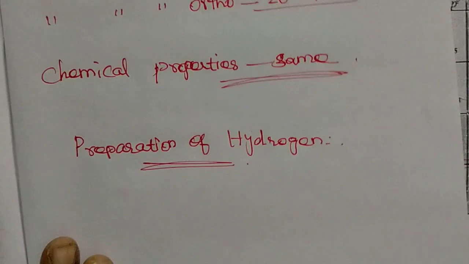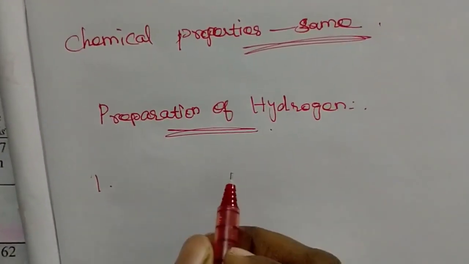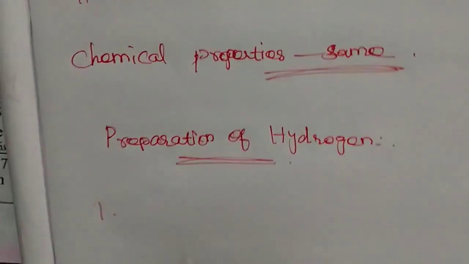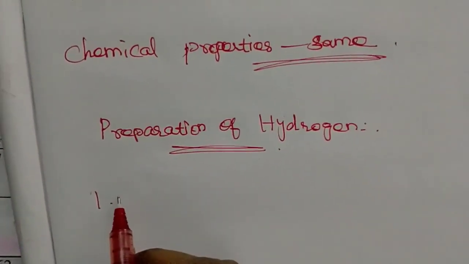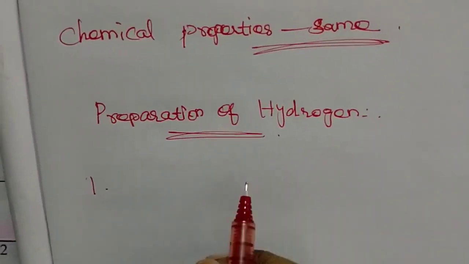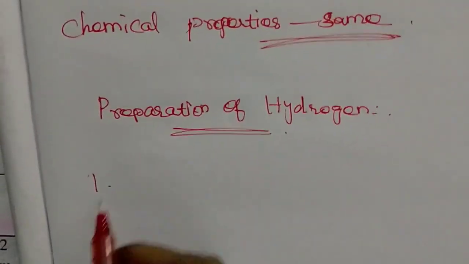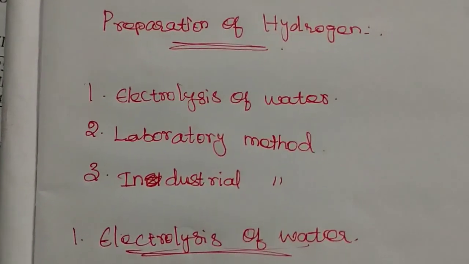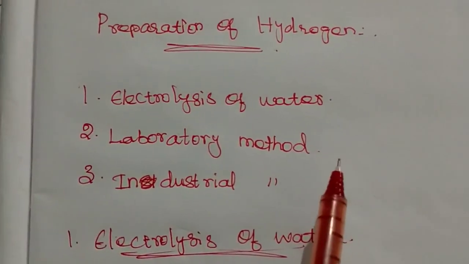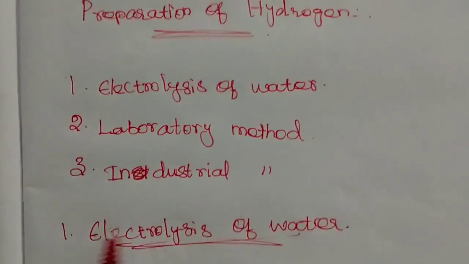We have three types of preparation. First type, electrolytic preparation, or electrolysis of water. We can say this is the highest purifying method of hydrogen. The second is the laboratory method, and the third is the industrial method.